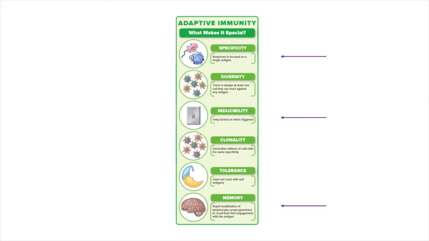Lastly, we'll talk about memory, which is really the cornerstone of adaptive immunity, meaning that once the immune system has been primed to recognize, let's say, the SARS-CoV-2 antigens, it remembers them in the sense that it has created a whole bunch of cells that will recognize it very quickly next time it appears. And we call that memory.